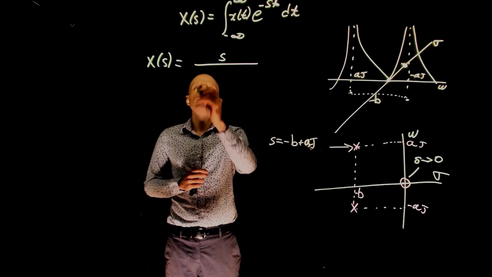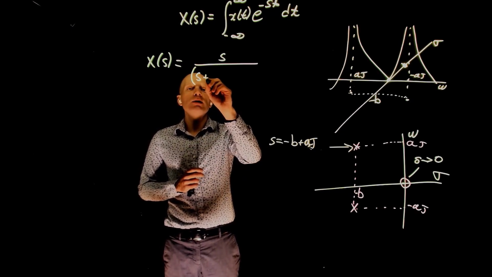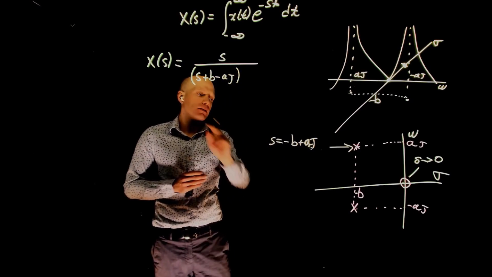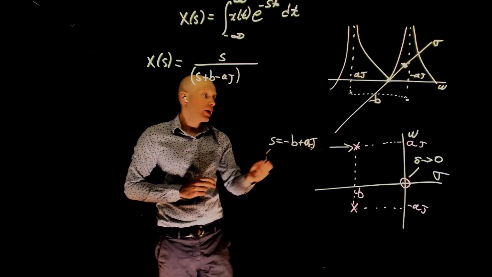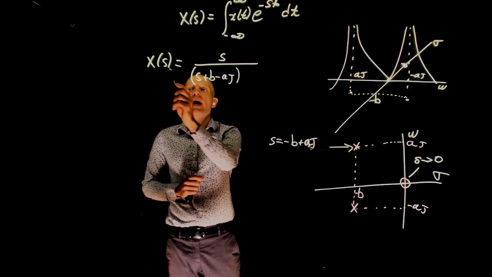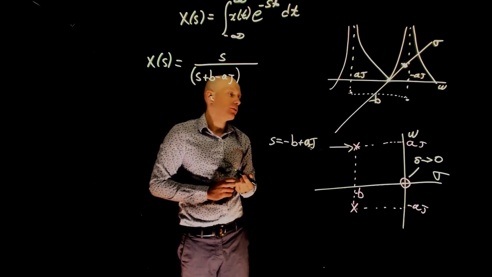If you want this to go to infinity, we can now divide this by s plus b minus aj, or s minus this. S plus b minus aj. Now, when s approaches this point, this tends to 0, and x of s is s divided by something tending to 0, goes to infinity.